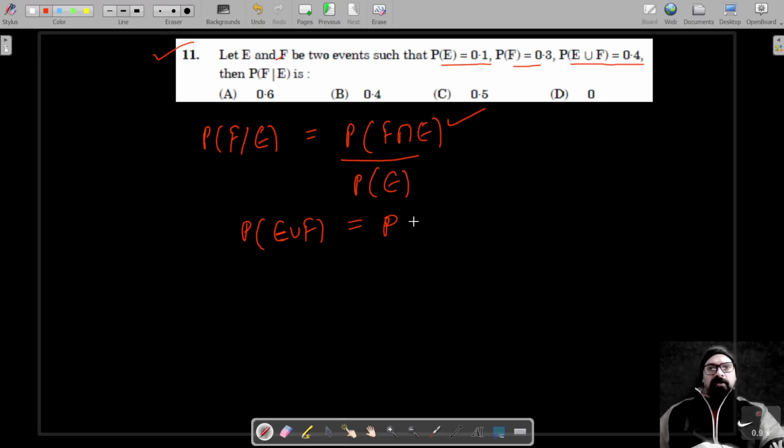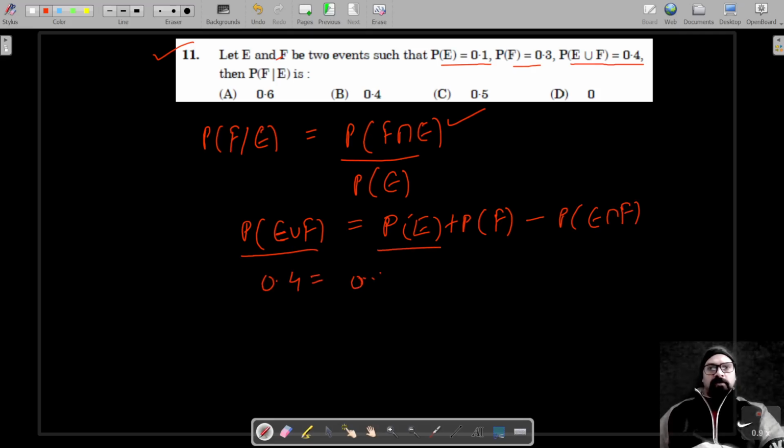Now, probability of E union F is given by probability of E plus probability of F minus probability of E intersection F. Now, E union F is 0.4. Probability of E is 0.1.